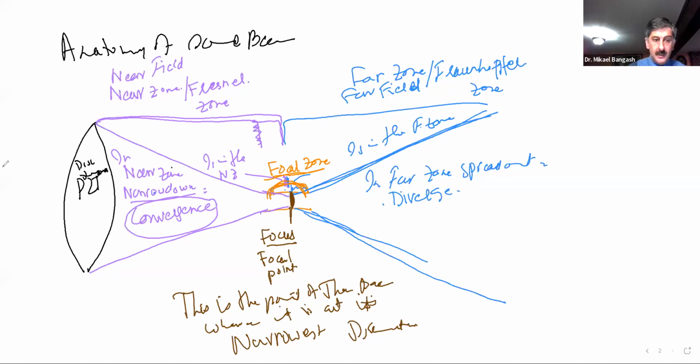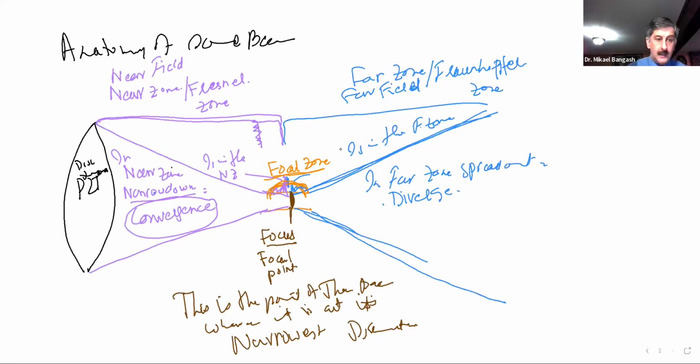One thing you will need to remember is that half of that focal zone falls into the near zone, or Fresnel zone, or near field, and the other half of your focal zone falls into the far zone.